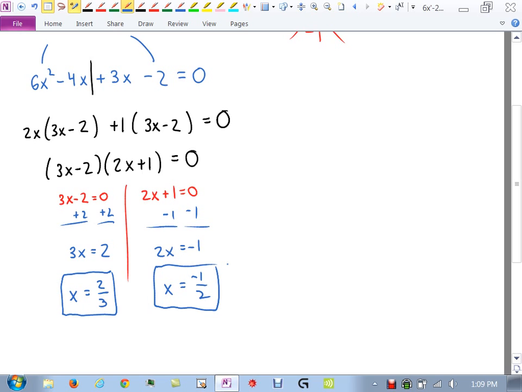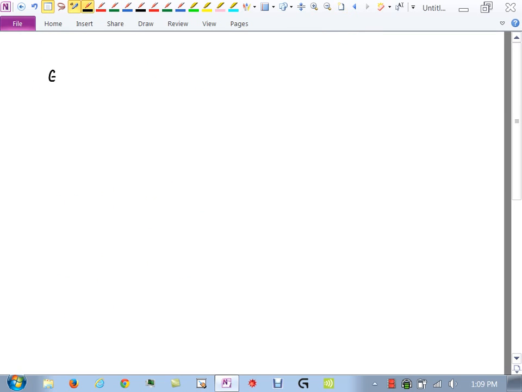All right. How about this one? 5x cubed equals 20x. Do we have an equation?